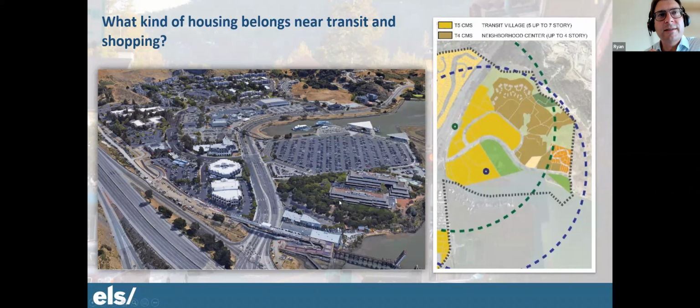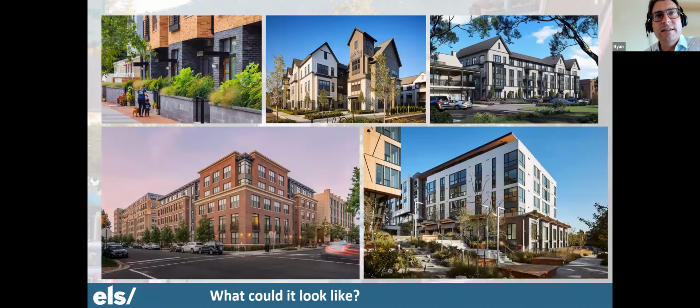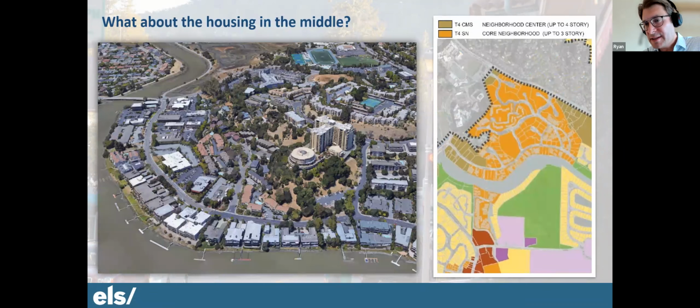Good. All right. Well, that was all very helpful. And let's go on to the next one. Is that all right? So we've got housing in the middle, essentially. When we looked at this area of Larkspur, there's a lot of slope in the terrain, and the homes there tend to range from 2 at the top of the downslope down to 3, or in some cases 3 with some parking underneath it.